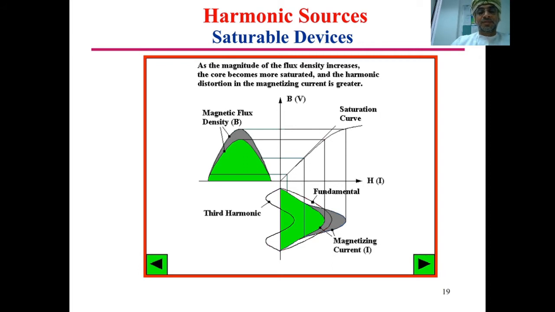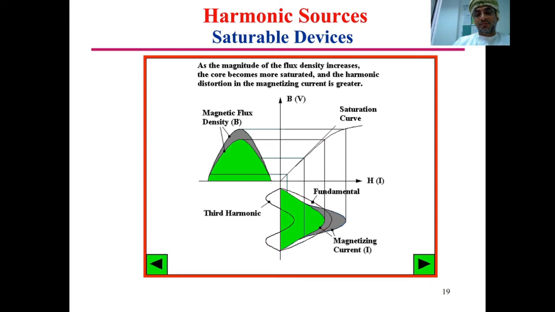So this green curve will give this kind of magnetization current. But as the voltage of the primary goes up, the flux will go up. As a result, look now at what will happen to the magnetization current.